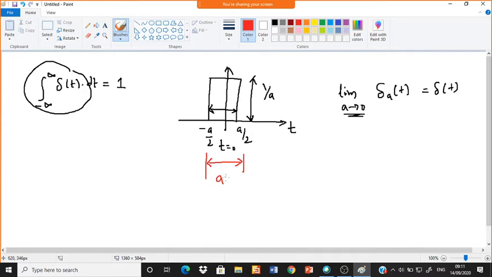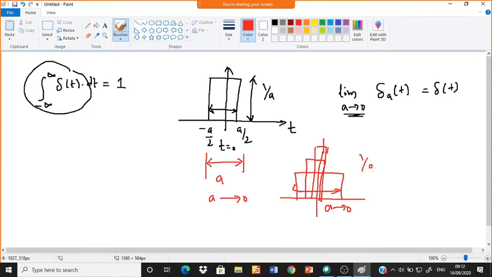Whenever this a tends to 0, the amplitude goes to infinity. If this width increases, the amplitude will decrease, and if this width goes on decreasing, your impulse will become a very short duration pulse. So when this width a tends to 0, then 1 by a tends to infinity.